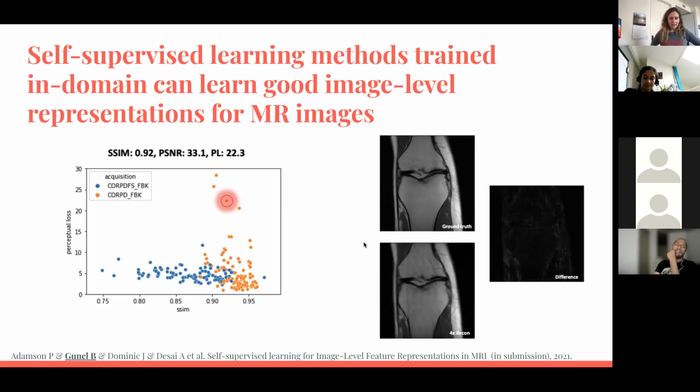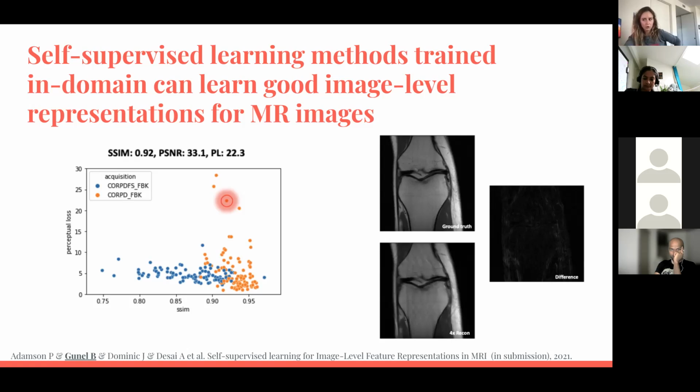So I talked about how maybe we should be looking into different evaluation methods to make the model development cycle a little shorter. I also want to give a pointer to work with Phil Adamson, Jeffrey Dominich, Arjun Desai, and Akshay Chowdhury that we're looking into. The reason we're doing this is that several works have shown PSNR, SSIM and other metrics not correlating well with diagnostic quality for radiologists.